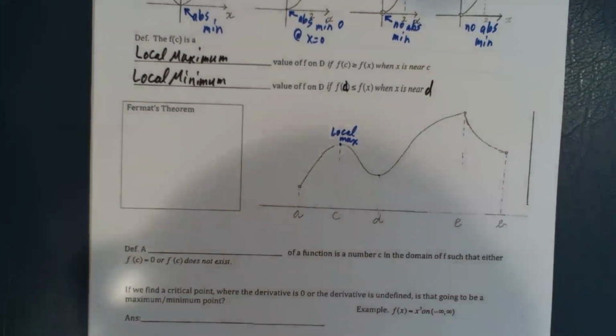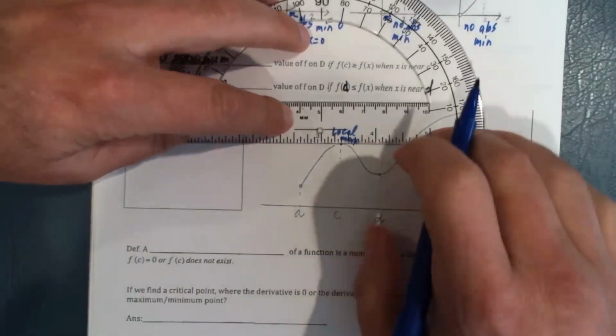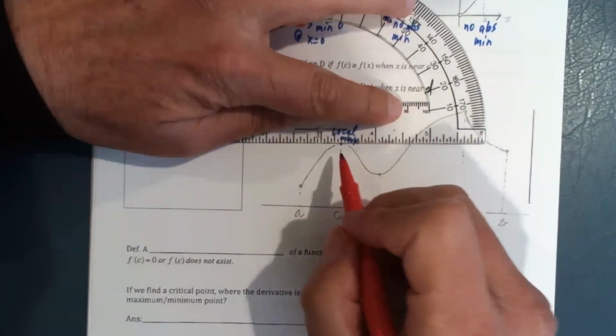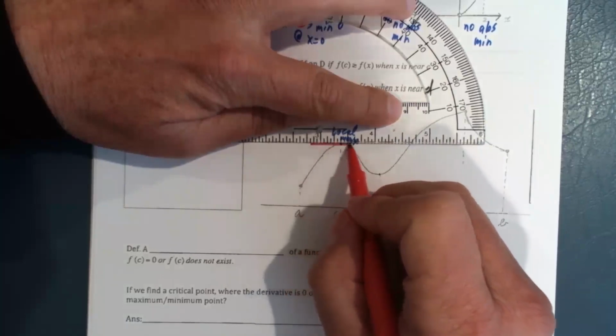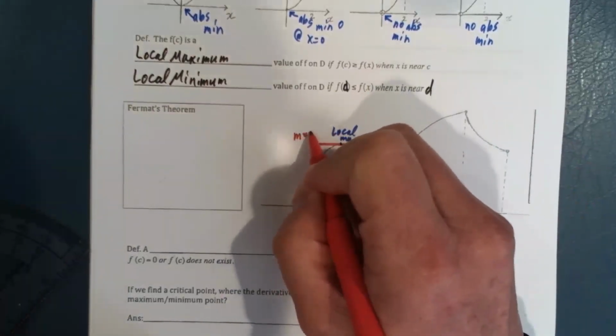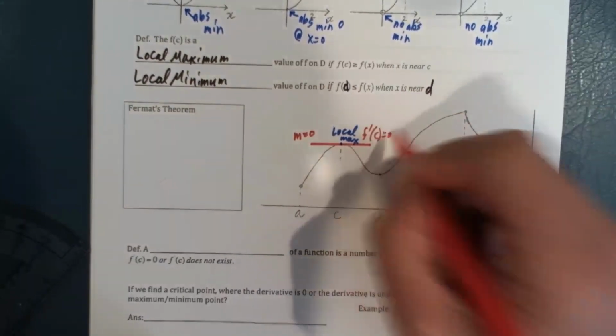And you'll note, and this is important, that the tangent line at these points has a slope equals 0, which means f prime at c equals 0.